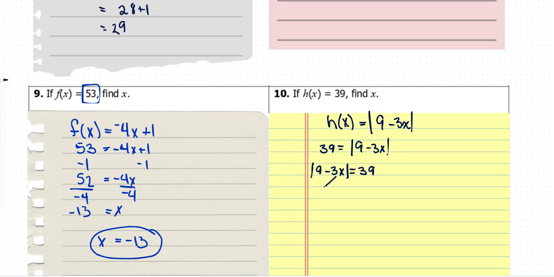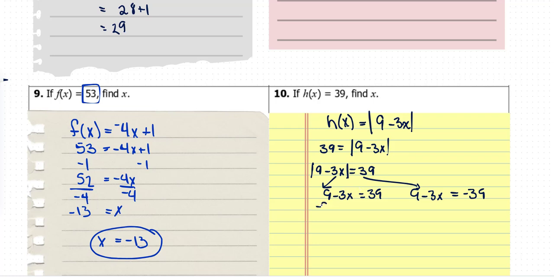So anytime we have absolute value, we have to split it into two different functions. One where we equal a positive 39, and one time where we equal a negative 39. So 9 minus 3x is equal to both things, because basically we're looking for our inside to be either positive or negative, because either way, it will come out as a positive answer.